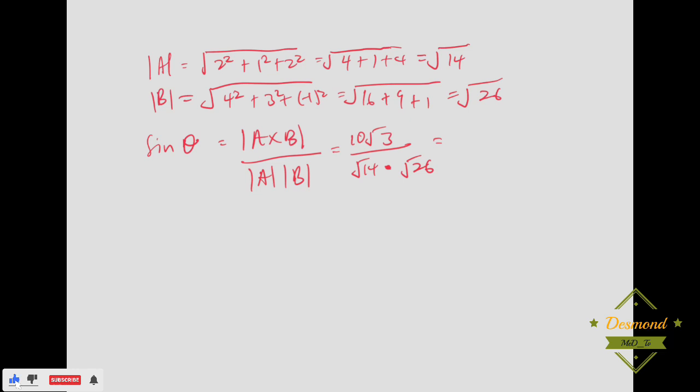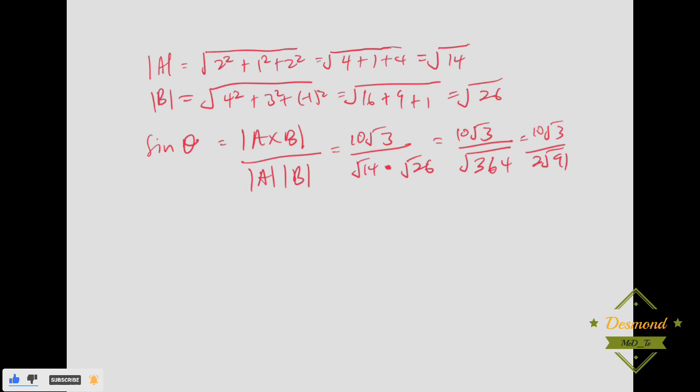And when we do them, we should get 10 root 3 over root 364, and finally we get 10 root 3 over 2 root 91.